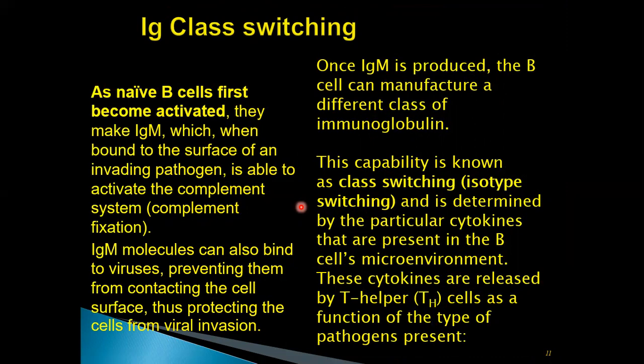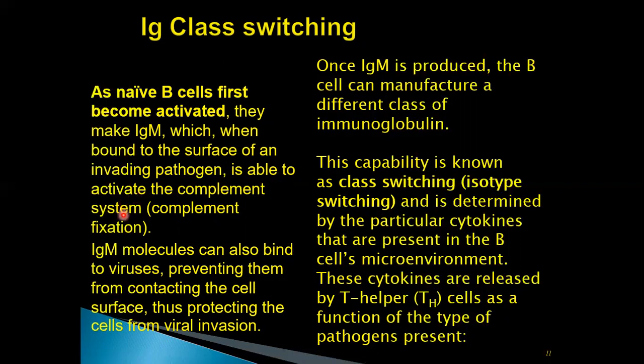Now see, important, and remember this. When a naive B cell is activated, the first antibody it makes is immunoglobulin M. And this immunoglobulin M, when bound to the surface of an invading pathogen, activates the complement system.